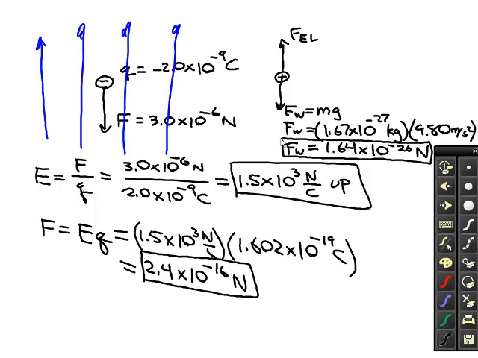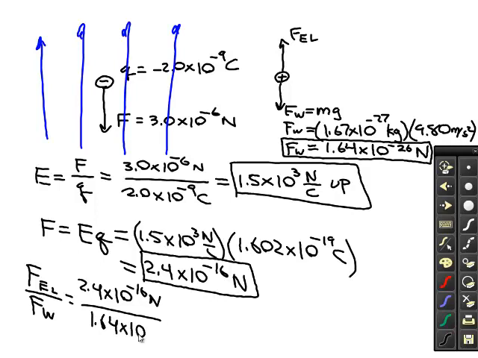So the ratio of electric to gravitational, they're using EL. Just go for it. 2.4 times 10 to the minus 16 on top, and this 1.64 times 10 to the negative 26 on the bottom.